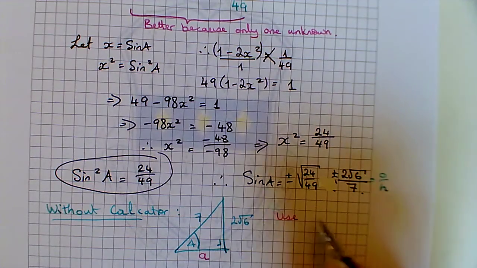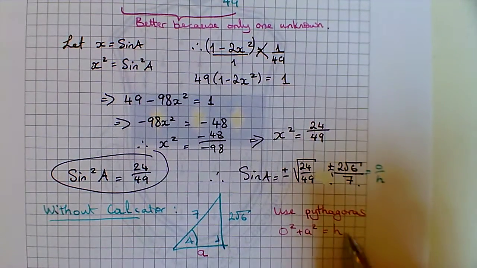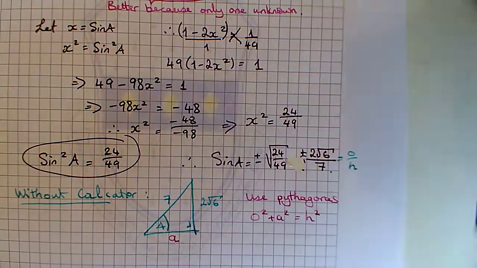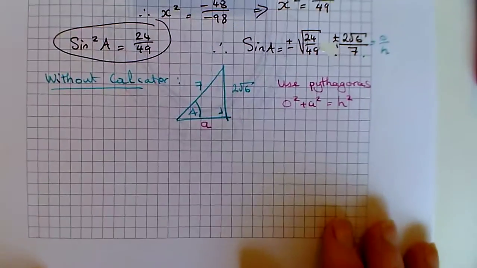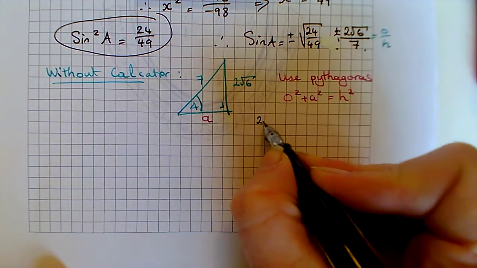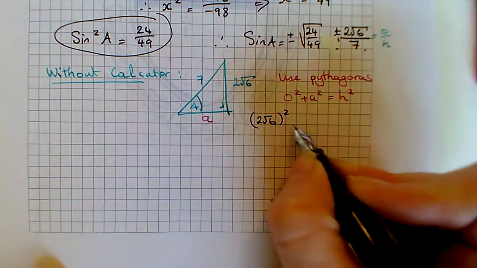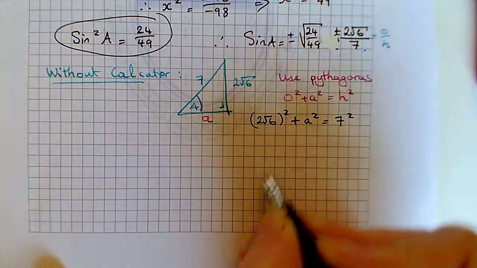So we use Pythagoras. The opposite squared plus the adjacent squared is equal to the hypotenuse squared. And from that, we get 2 root 6 all squared plus the adjacent squared is equal to 7 squared.